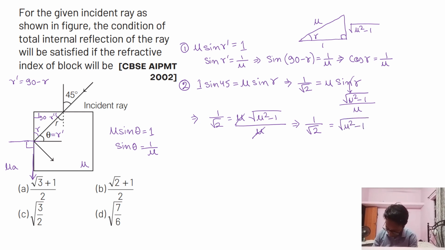Squaring both sides, I would get 1 by 2 is equal to mu square minus 1. Adding 1, 1 by 2 plus 1 is 3 by 2. So 3 by 2 is equal to mu square, or mu is equal to under root 3 by 2. Option number C.